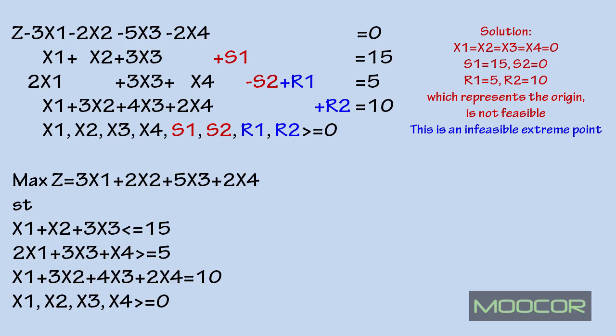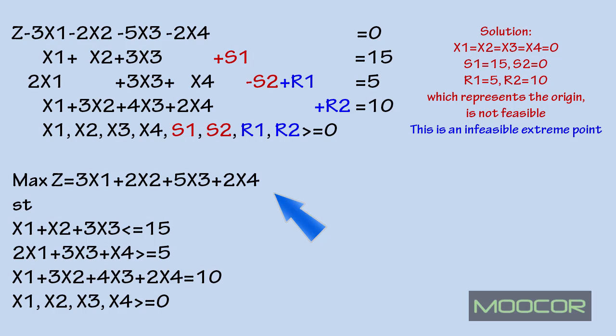To make sure that the artificial variables move toward 0 from the values that they have now, R1 is 5 and R2 is 10, we are going to penalize the objective function if R1 and R2 remain positive. And the way that we do that, we are going to use a very, very large positive value of M multiplied by these artificial variables with a negative coefficient.